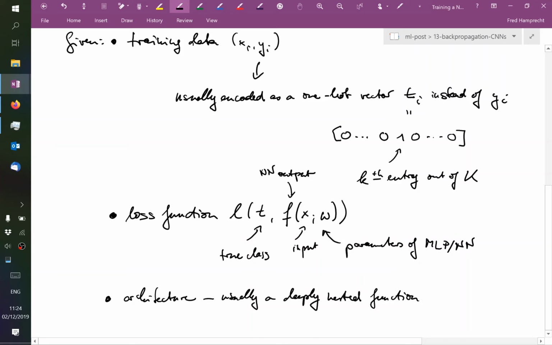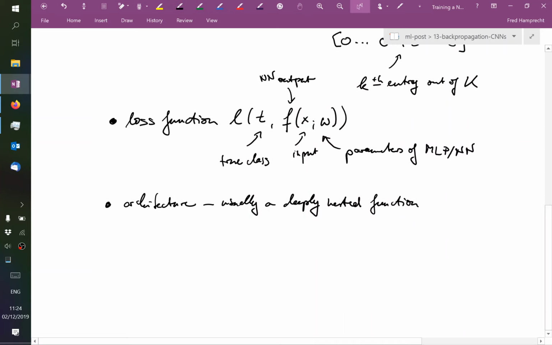Why deeply nested? Because it turns out that if we have a finite budget of perceptrons or of nonlinear units, we can achieve a more strongly nonlinear mapping by concatenating these as opposed to just stacking many of them in a single layer. So when we have a neural network, we generally discern its width.